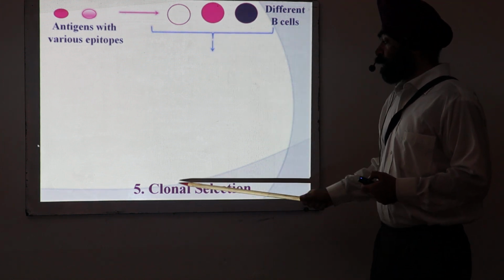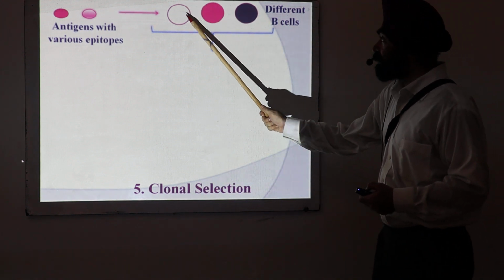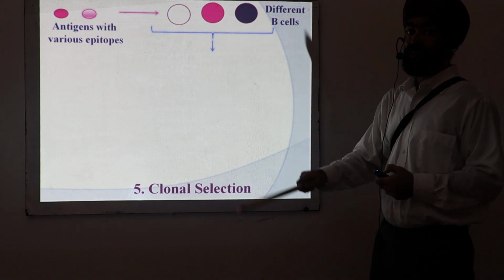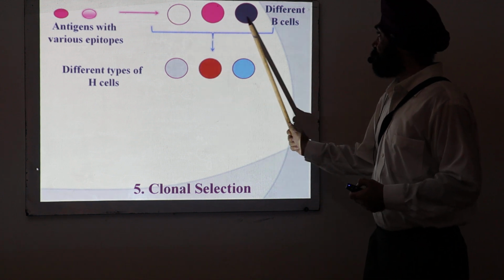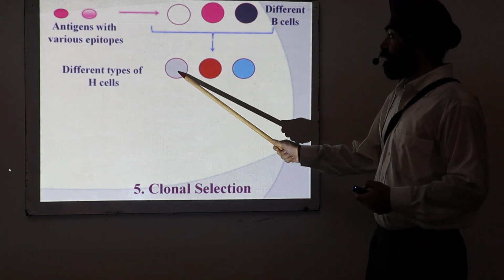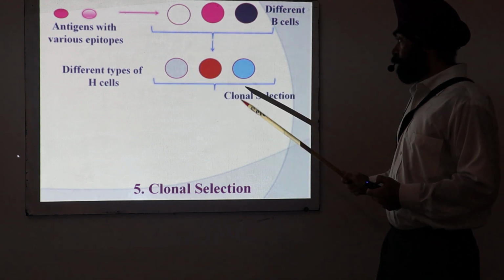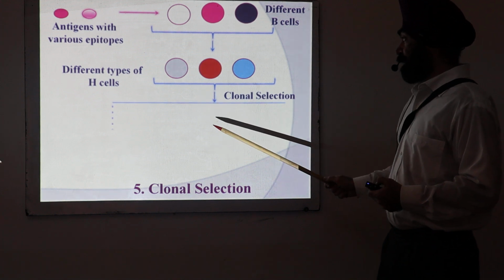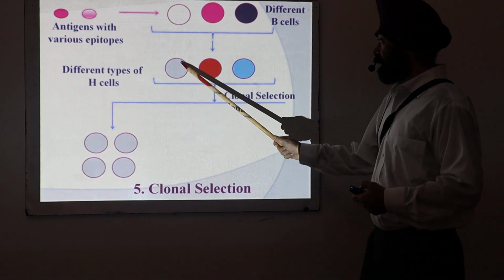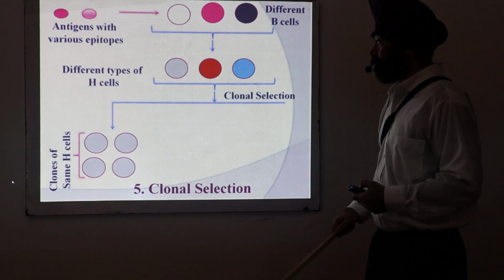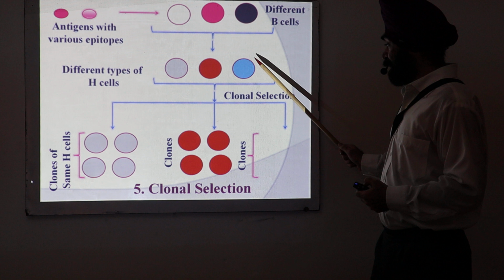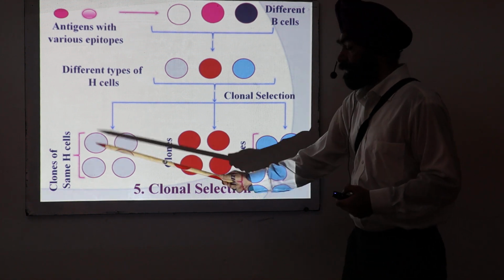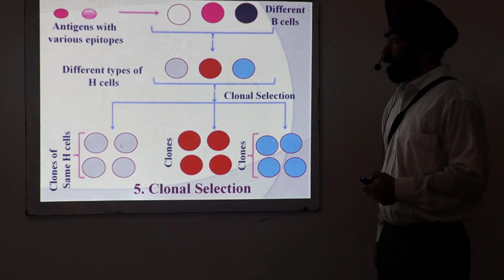Now what is clonal selection? Clonal selection means we have to separate all these different kinds of B cells. Because we have different kinds of B cells, we got different kinds of H cells. So clonal selection means separating these cells separately, these cells separately. This is what we have to do. So how do we do this?